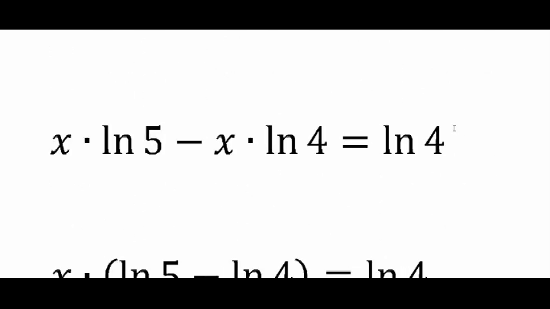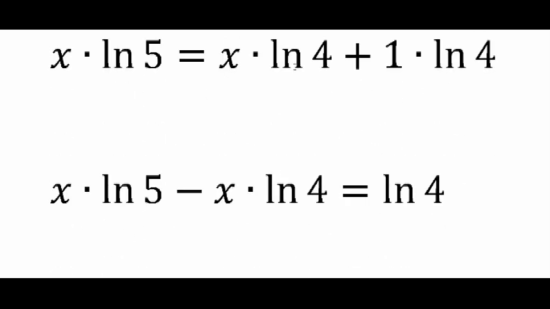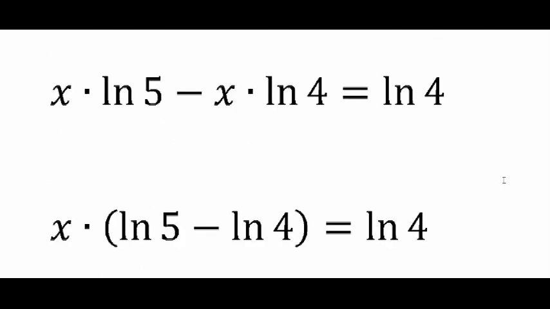Then let's get all of the x's to one side. We subtract x log 4 from the right-hand side and bring it over to the left-hand side, making it negative. So it becomes x log 5 minus x log 4 equals log of 4.